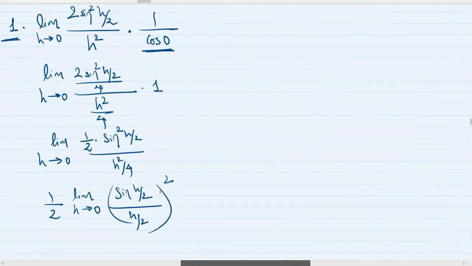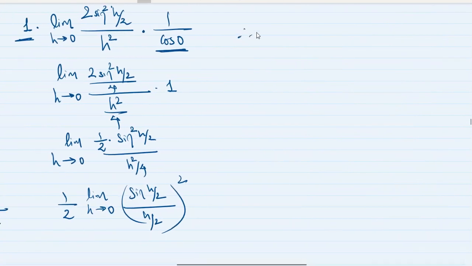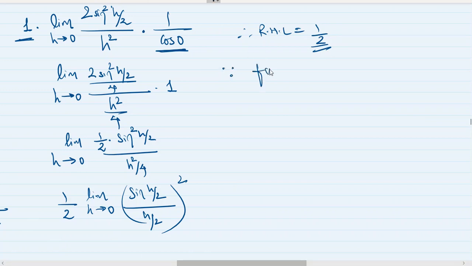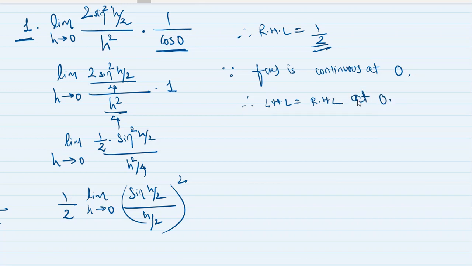So our right hand limit, RHL, is equal to half. Now we know that this function is continuous at 0. So since f of x is continuous at 0, we can say that LHL is equal to RHL at 0.